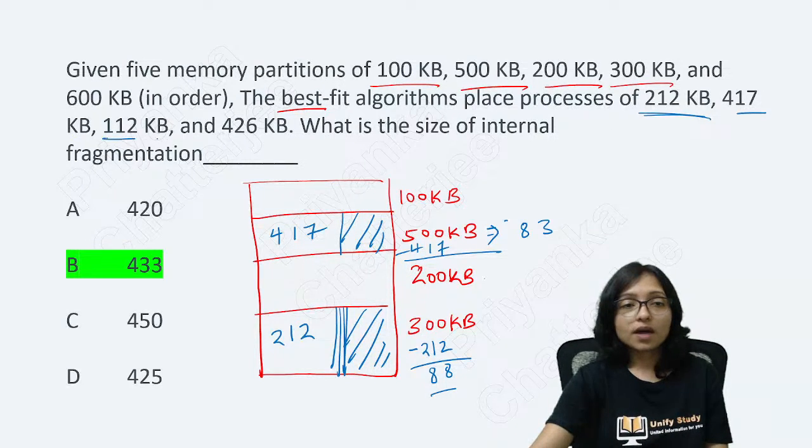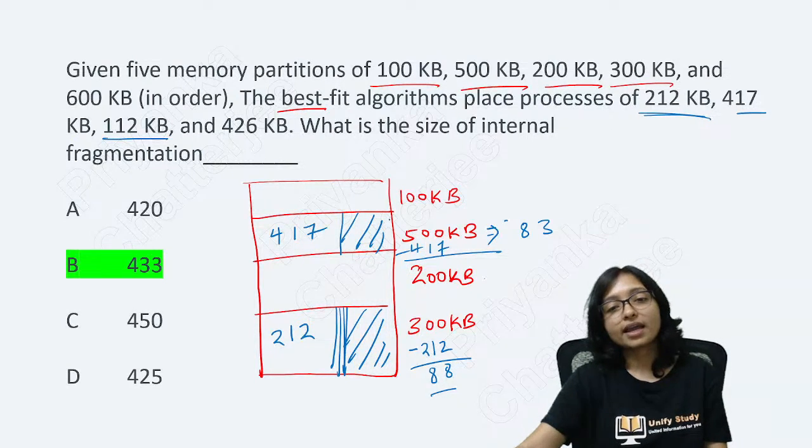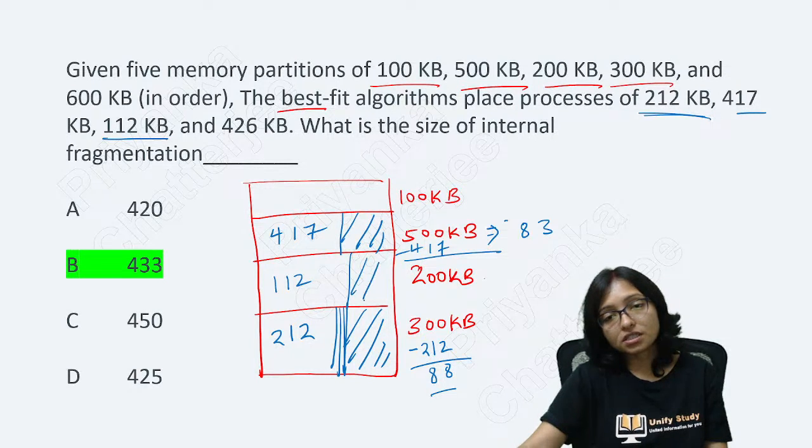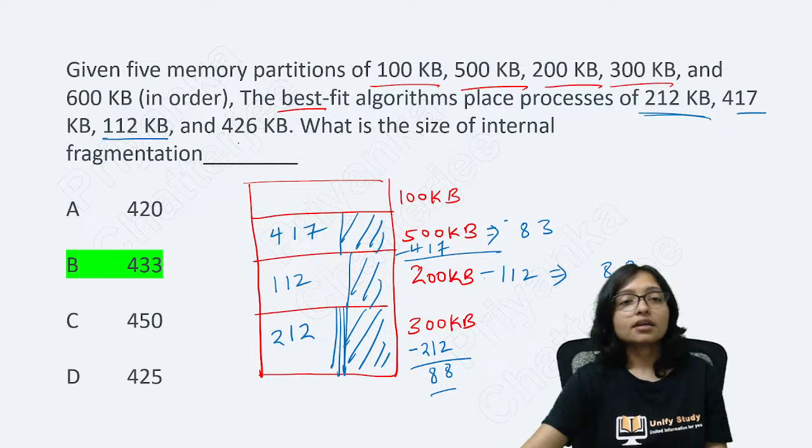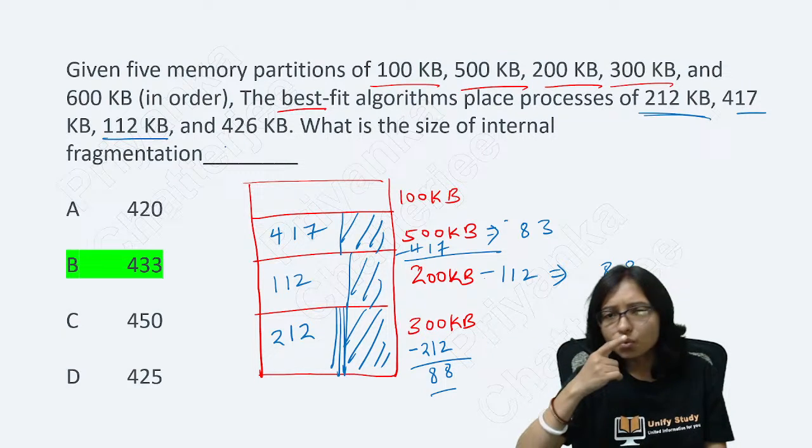Now the next one, 112. Where can I place 112? Here only I can place 112. So this is the internal fragmentation, 300 minus 112. What is that here? 88. This is also 88. Now remaining 426. I did some mistake somewhere.